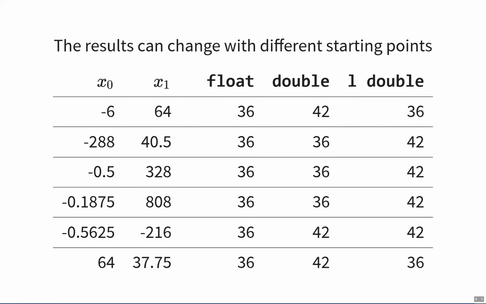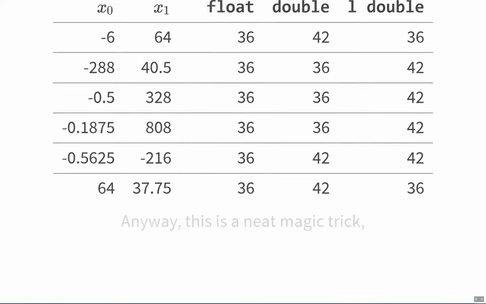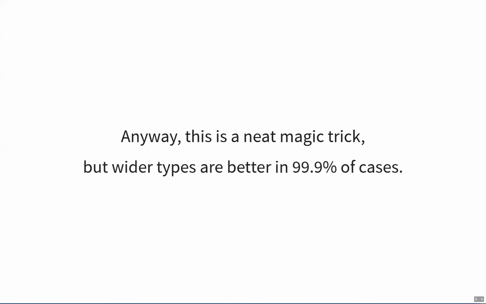But for us, this is a nice magic trick. You can do this when you want to win some argument and say, no, bigger types aren't better. So, a magic trick, but wider types are almost always better anyway. And that's the end.